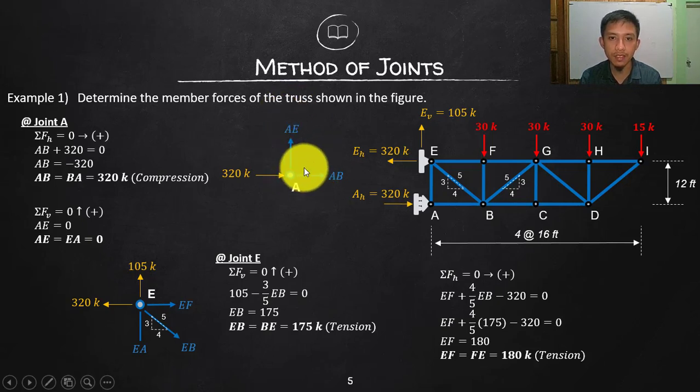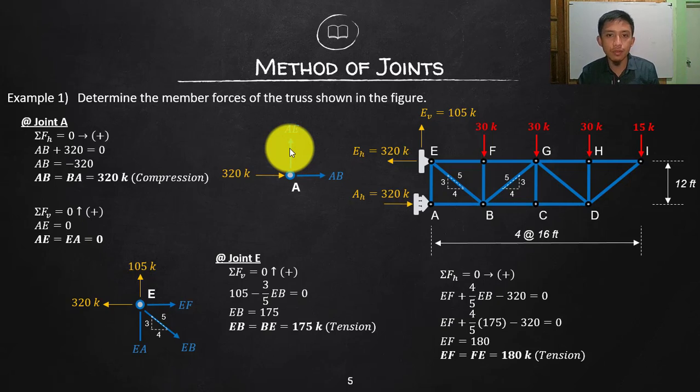So in my solution, if the member force is still unknown, let's assume that one to be going outwards, meaning tension. But if you are doing this on your own, you can assume any direction you want. Especially if you are already used to solving this, you can assume by instinct, with your experience in solving problems, the correct direction right away.